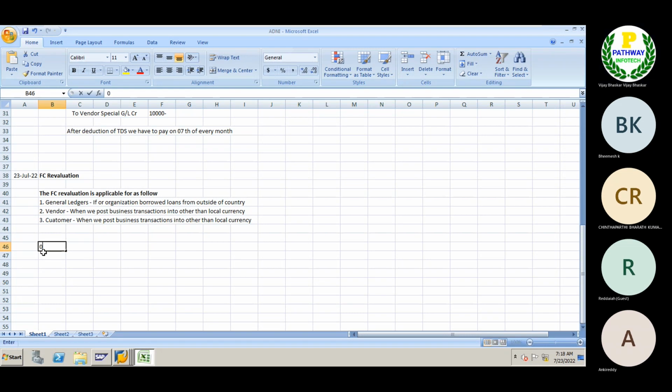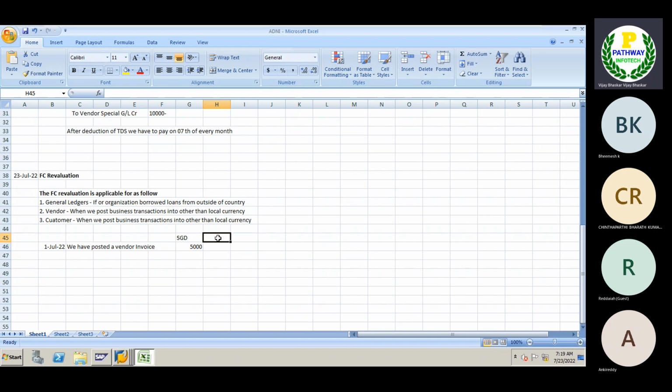Remember, on 1st of July 2022, we have posted a vendor invoice. Let's say for example the amount is 5,000 Singapore dollars.